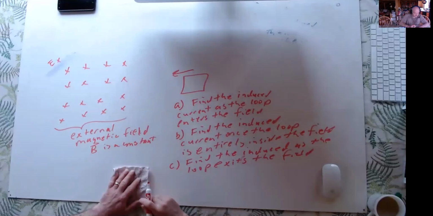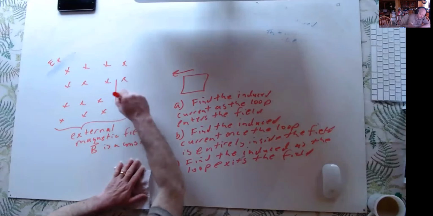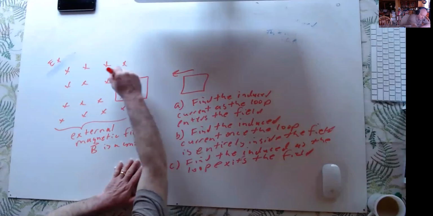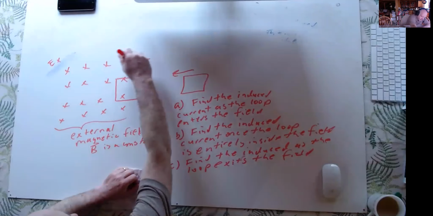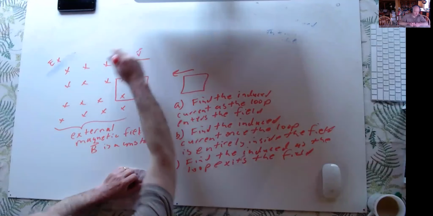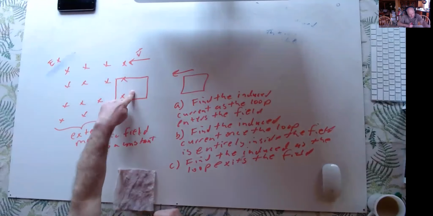Okay, so those are the three things we're going to have, and this is going to illustrate a lot of really nice things. Okay, so let's do part A. So I'm going to draw this loop partly inside the field and partly outside. So this is going to be part A. And again, remember, we're moving that loop this way. So what is the magnetic flux doing as we move this inside here?